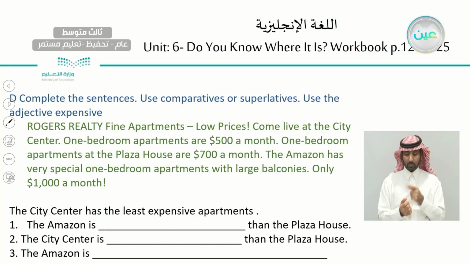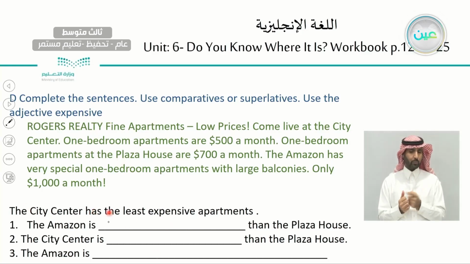The Amazon has very special 1-bedroom apartments with large balconies, only $1,000 a month. Okay, so this is an announcement, and you have to write statements related to it. So you have to read this one carefully and then complete the statements.